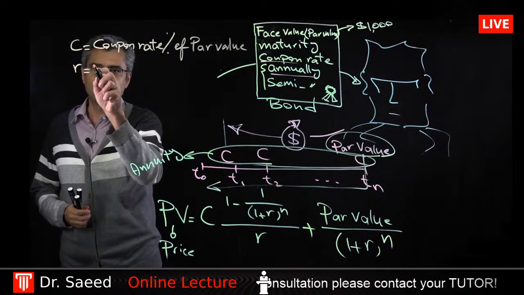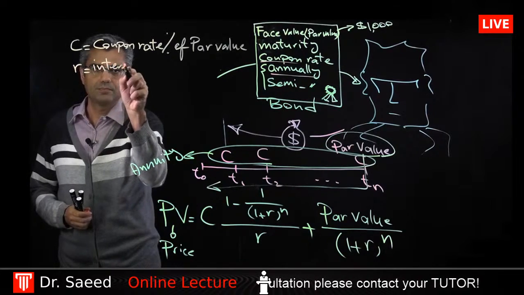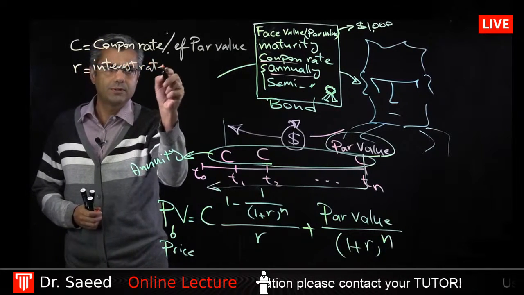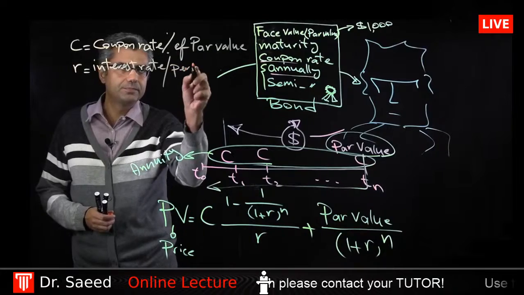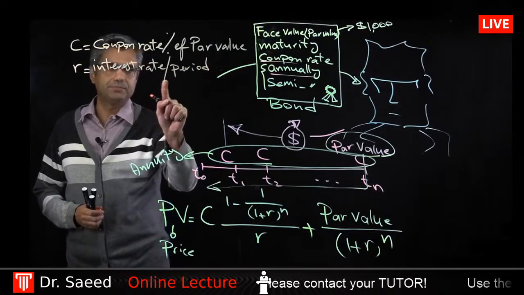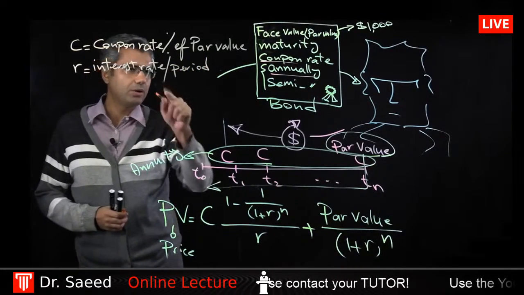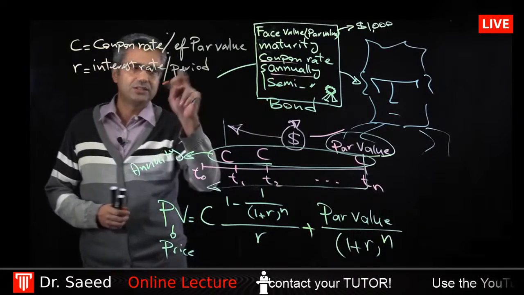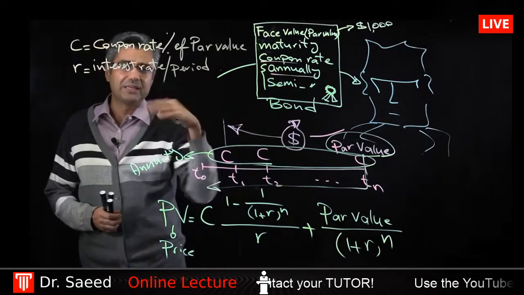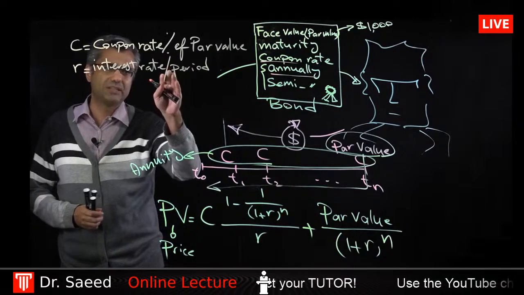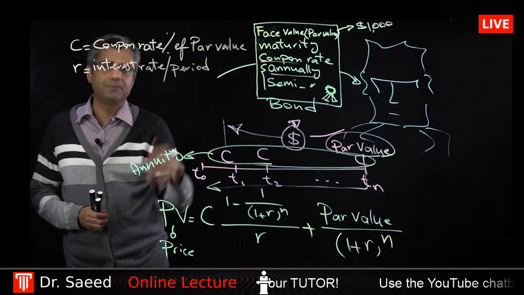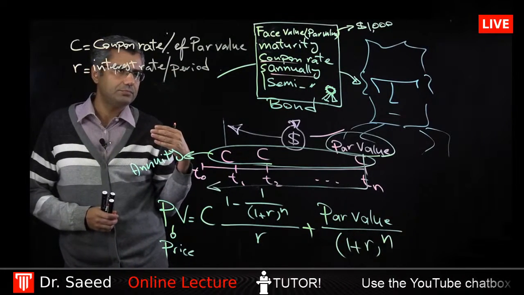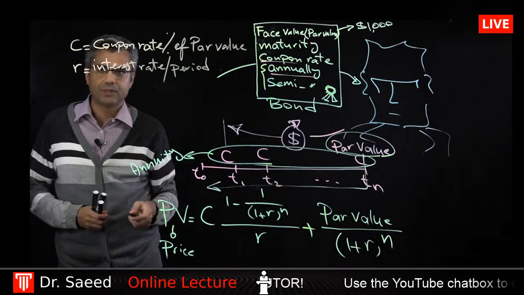R is the interest rate per period, not per year. So if the bond pays per year, this is per year. If the bond pays per 6 months, or semi-annually, this means the interest rate per 6 months will be here.